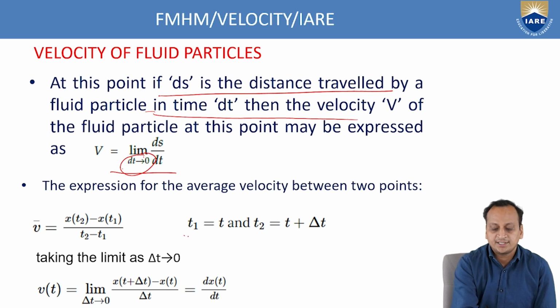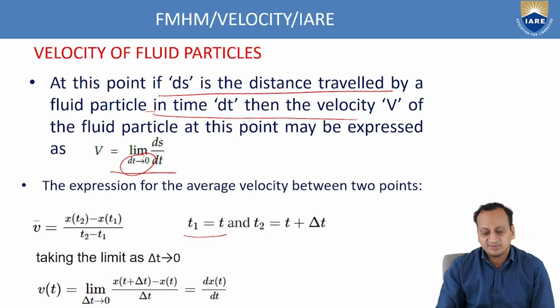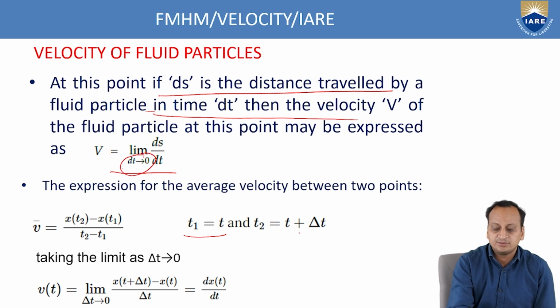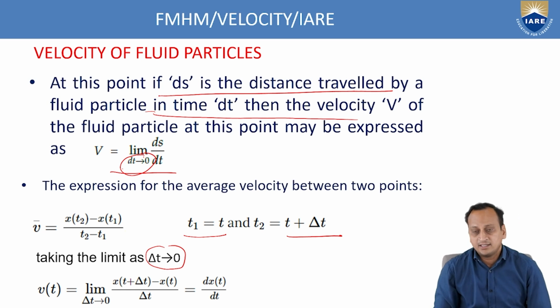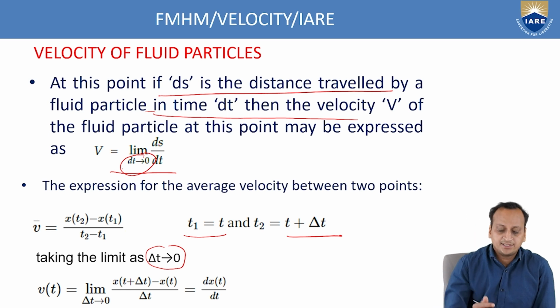If T1 is taken as time T, then T2 becomes T plus delta T. If you substitute T1 and T2 values, we get the limit, as delta T approaches 0, of the derivative of x with respect to t.